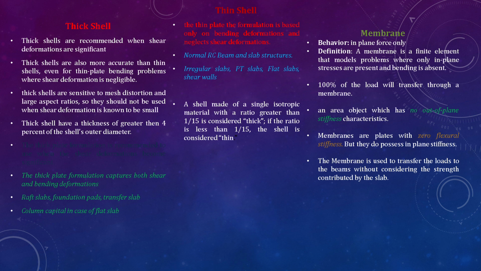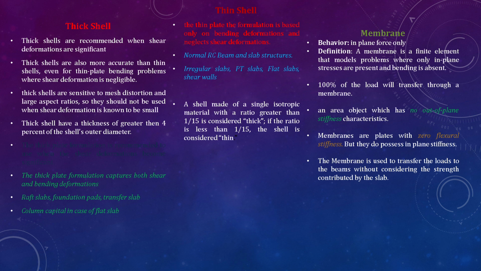The warped slab, the foundation pads, the transfer slab, and column capitals in case of flat slab. These are the thick cells part. That means when we are modeling this kind of structure, that is warped slab, foundation pads, transfer slab, column capital, and flat slab, then we can choose thick cells.